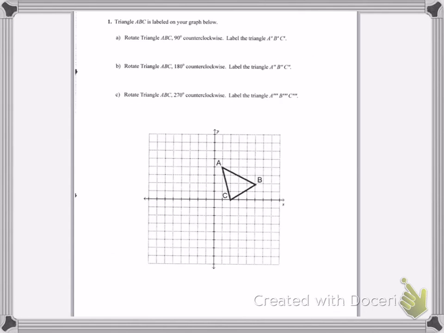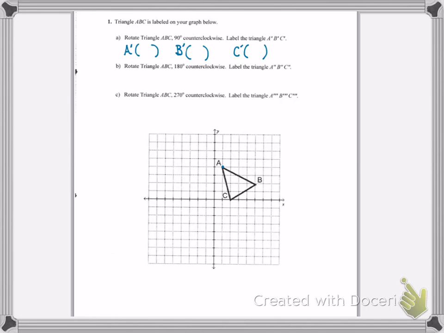If we look at example 1, we're looking at triangle ABC labeled on our graph. We want to rotate the triangle 90 degrees counterclockwise, and we're going to label it. So we're going to write the new ordered pairs underneath. So this is going to be the image of A, the image of B, image of C. And so the rule here is if we turn it 90 degrees counterclockwise, we're starting with an original ordered pair for A at 1, 4.